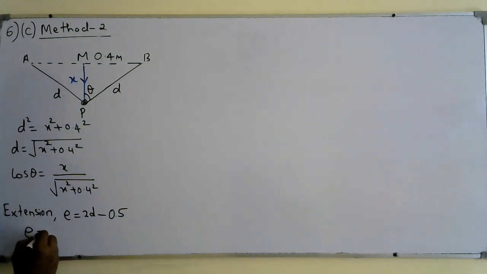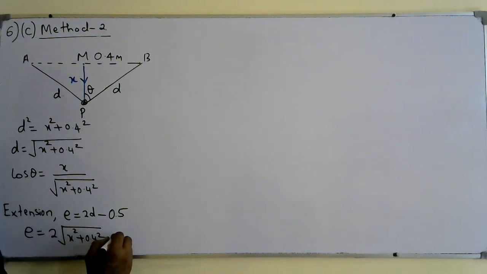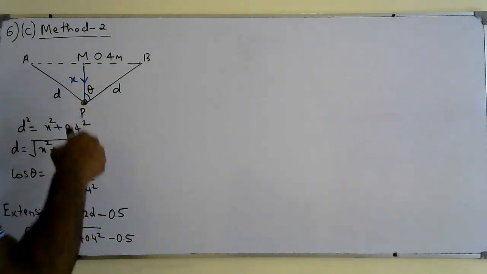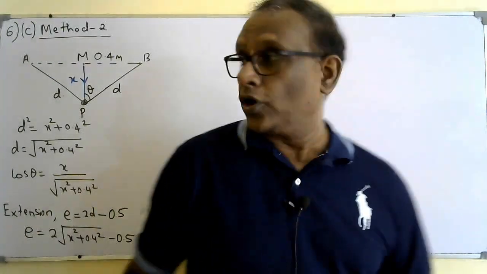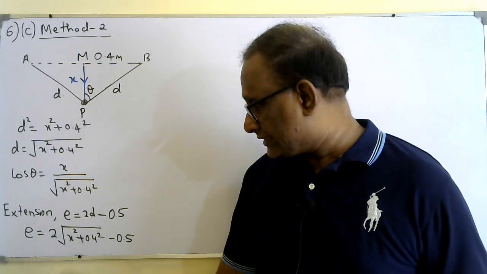So E is going to be 2 times the square root of x squared plus 0.4 squared, minus 0.5. That's the extension when the particle is at a position x meters below M.